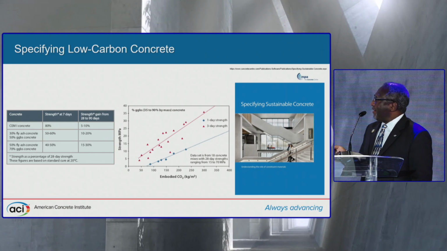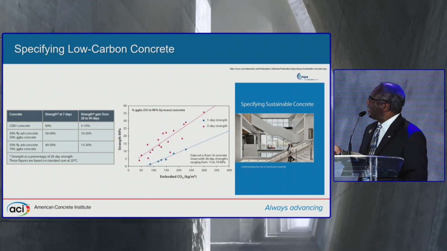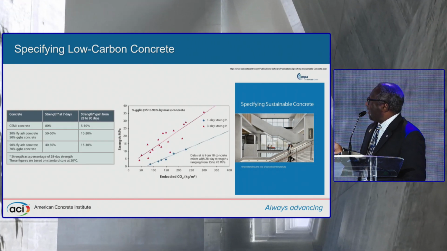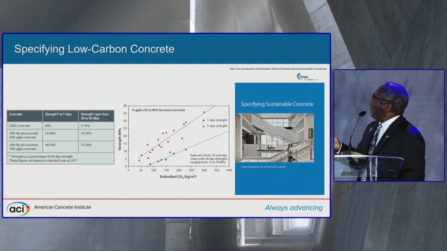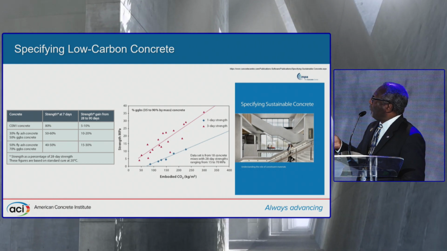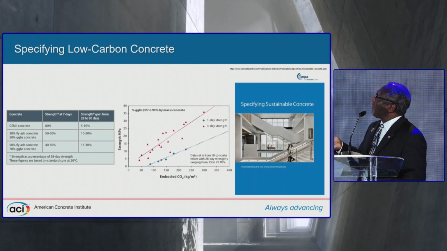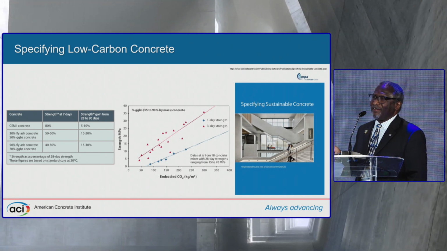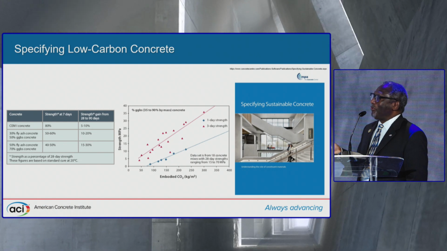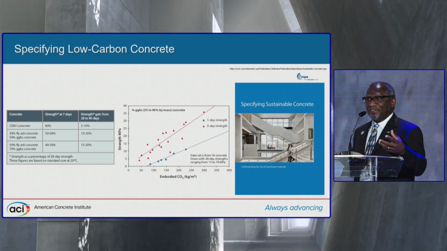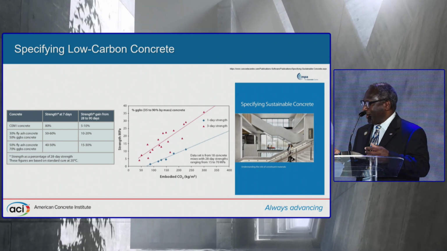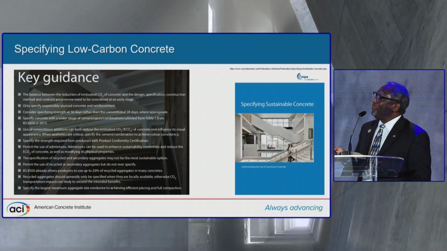Now, I have this publication, I put this in here, let me go back. There's this bulletin on specifying sustainable concrete from the Concrete Center in the UK. It's a very good resource for structural engineers, for designers, and it tells you basically some of the things that you need to do. Now, what do they include?